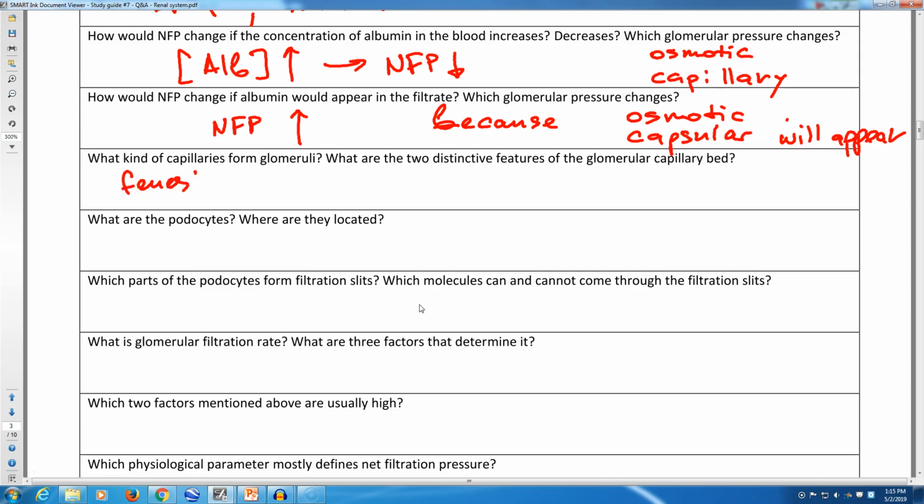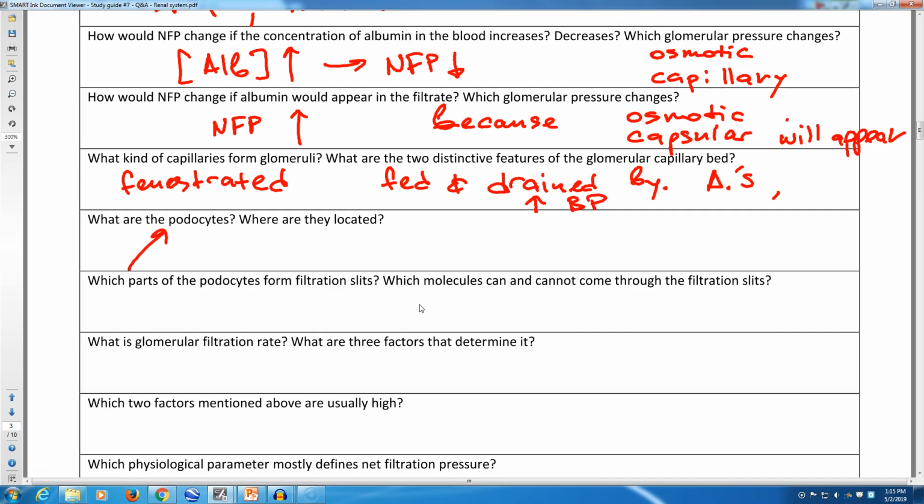Fenestrated capillaries form glomeruli. Two distinctive features: fed and drained by arterioles, and high blood pressure.